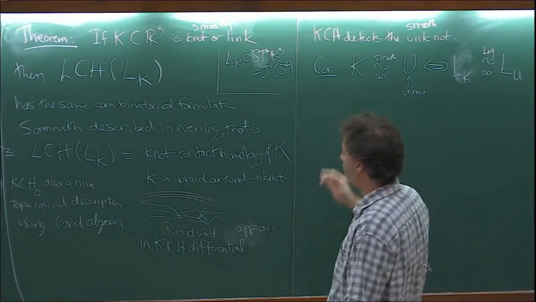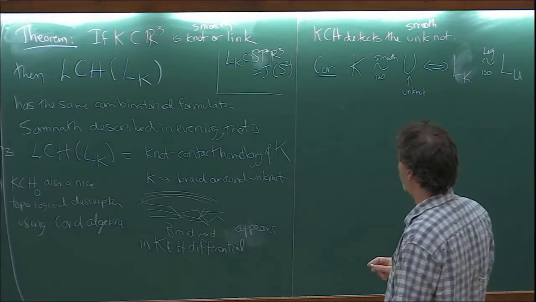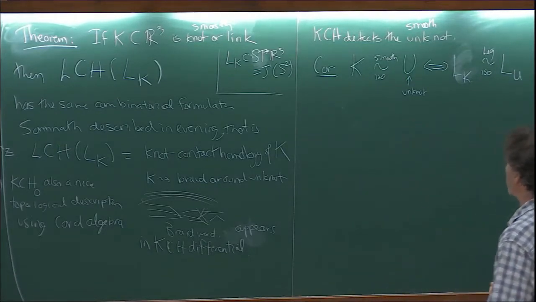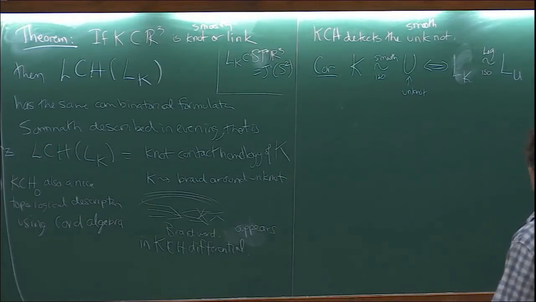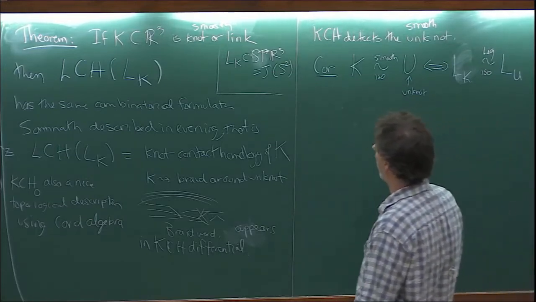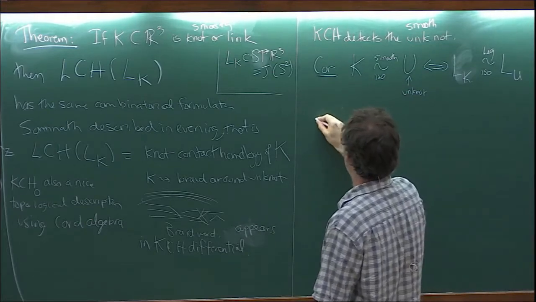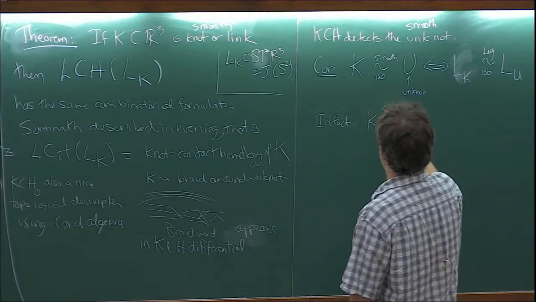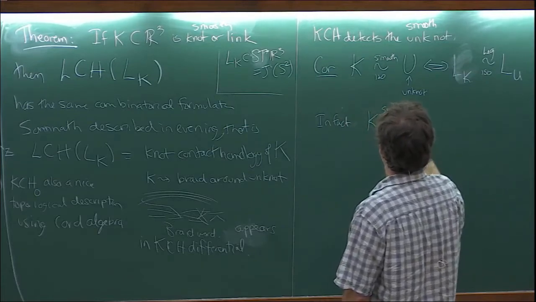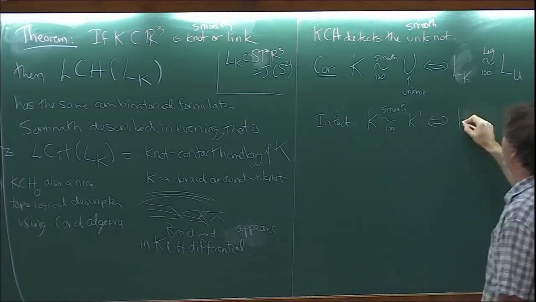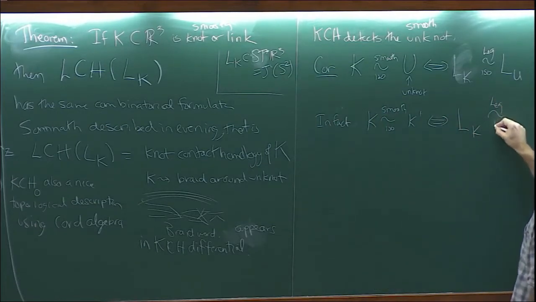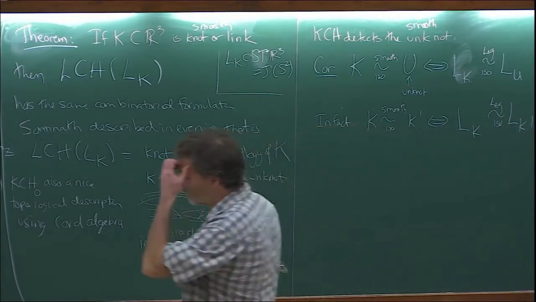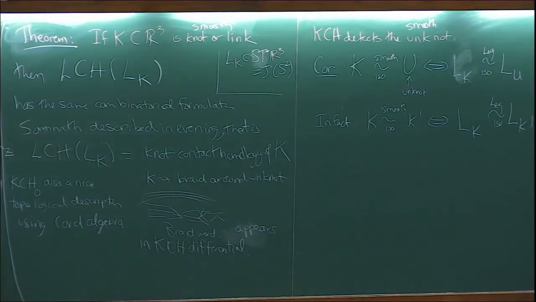And actually a recent preprint, not officially vetted, shows that this is true for all knots using sheaf theory. So in fact, K is smoothly isotopic to K prime if and only if their conormals are Legendrian isotopic. So, okay.